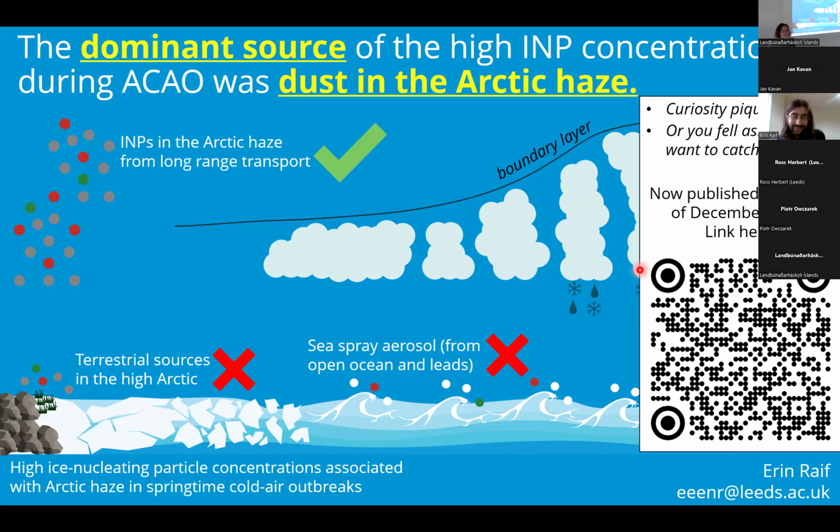Thank you. Really great study and very important for understanding the mechanisms for Arctic haze. My question is actually about this picture on the screen. You nicely demonstrate boundary layer height, but in the Arctic the boundary layer height could be less than 10 meters.